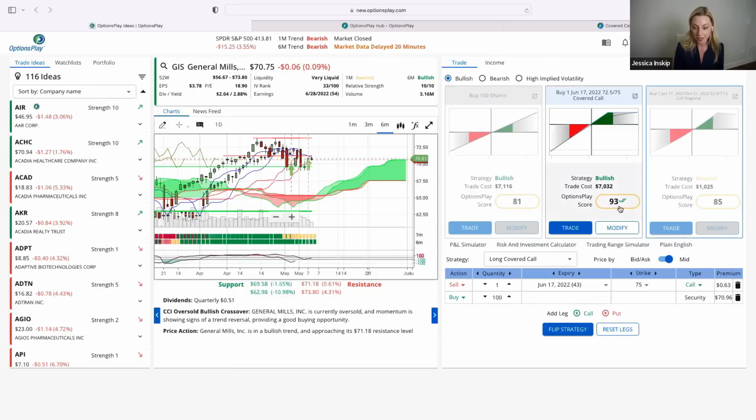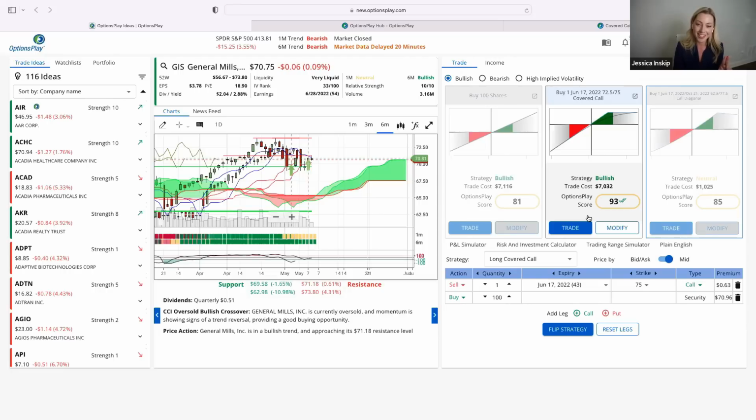And the best delta to not get your shares taken away is the smaller delta. So that's why we say selling the call at a 0.15, so a 15 to a 20 delta. That is optimal because that means you've got a 15 to 20% probability of it expiring in the money, and I definitely inverse that.